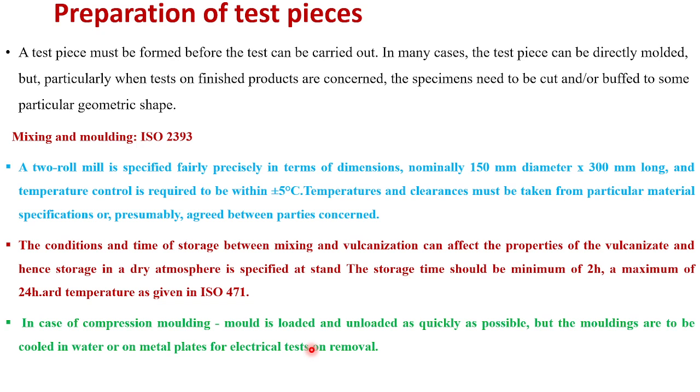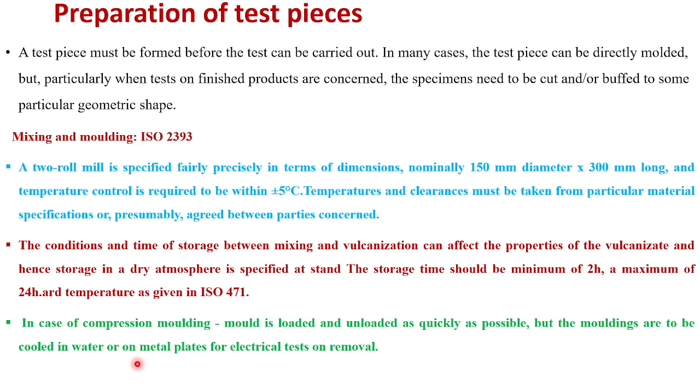It must not be contaminated, and there must not be any dirt particle or other chemical moiety, as it will impact the electrical properties of your final product. So in the case of electrical application, the moldings are to be cooled in water. They should not be cooled by any means like organic solvent. So preparation of test pieces is very much important.